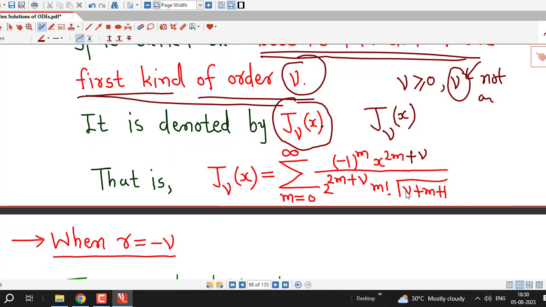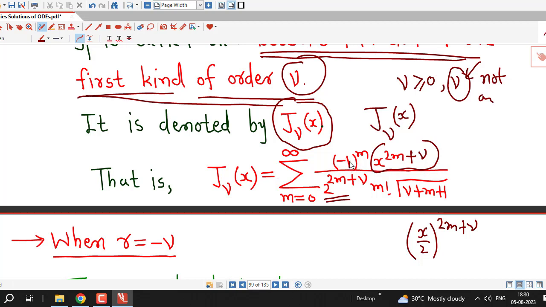If we further combine these two, here the power of x is 2m plus nu, and here the power of 2 is 2m plus nu, so we can rewrite it in this form also, x by 2 raised to 2m plus nu, so that we can easily remember.